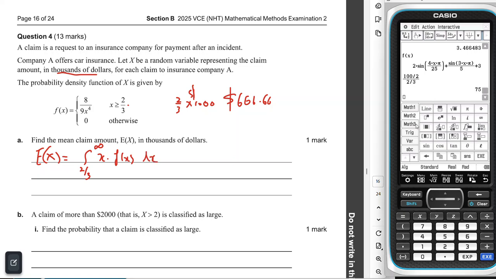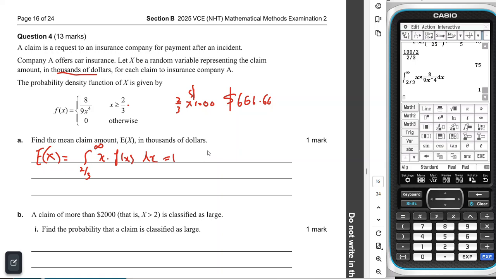So it's going to be the integral from 2/3 to infinity of x times 8 over 9x to the power of 4 dx, which is equal to 1. Therefore, the mean, E of X, equals $1,000.